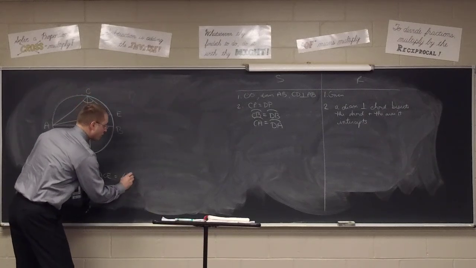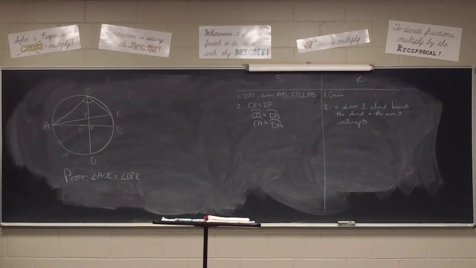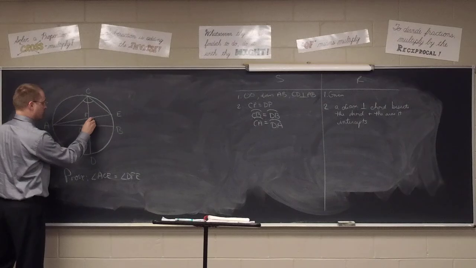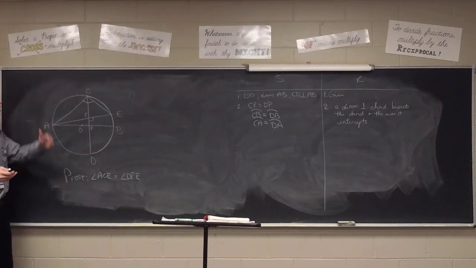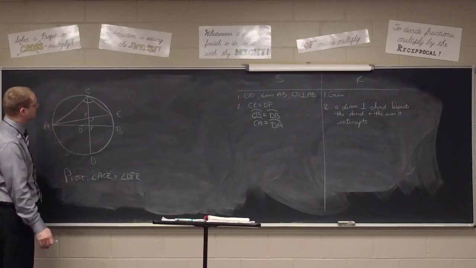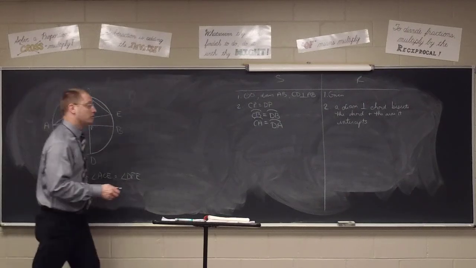Now, while you may not have gotten the whole proof correct if you missed this key clang statement, every clang statement is generally key. DFE is right here. All right, you could have still gotten some parts of this correct because you're trying to prove a couple angles equal, right? And as I look at these two angles, I'm like, all right, what kind of angles do we have? Let's start with ACE. What kind of angle is ACE, Genesis? An inscribed angle.